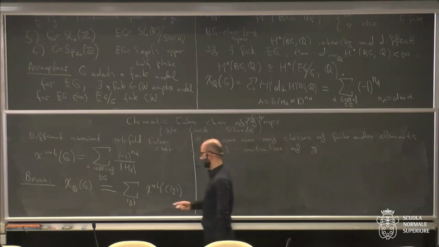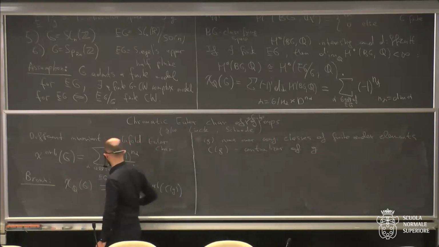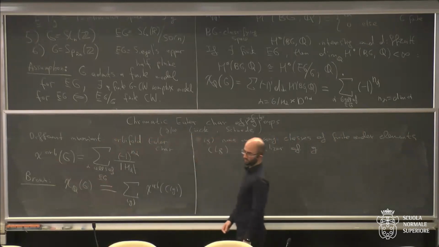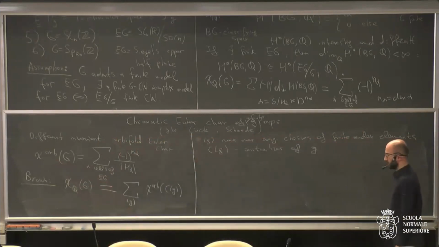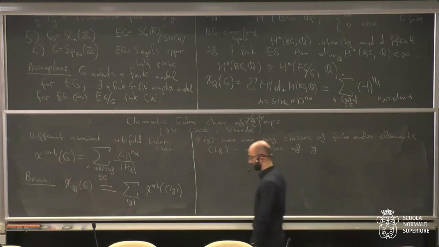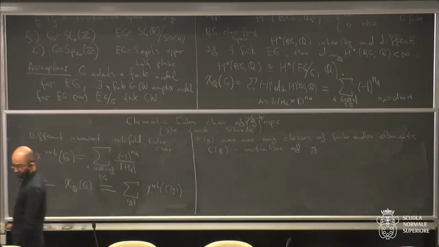So if you understand this type of invariance and you understand the centralizers, then you understood the Euler characteristic of G. Now, I will give you some examples of how far these things are computed.